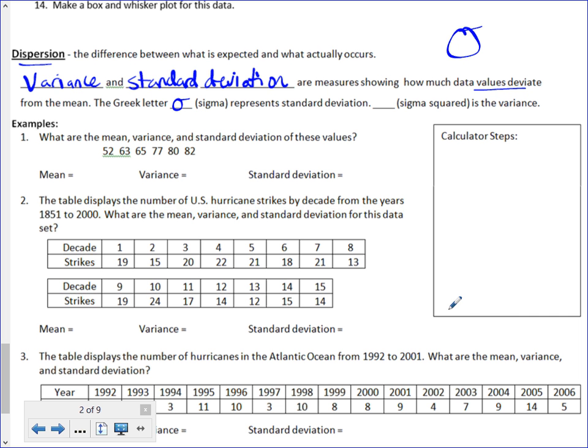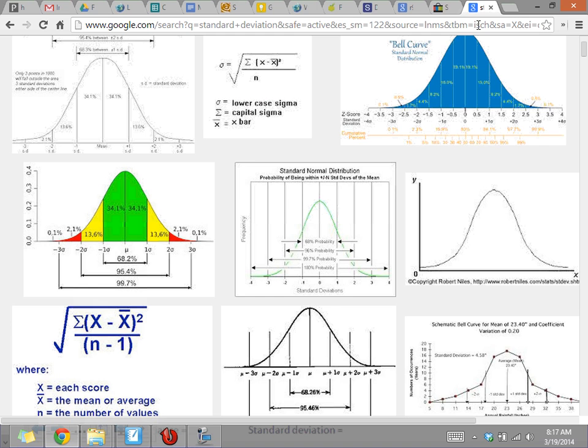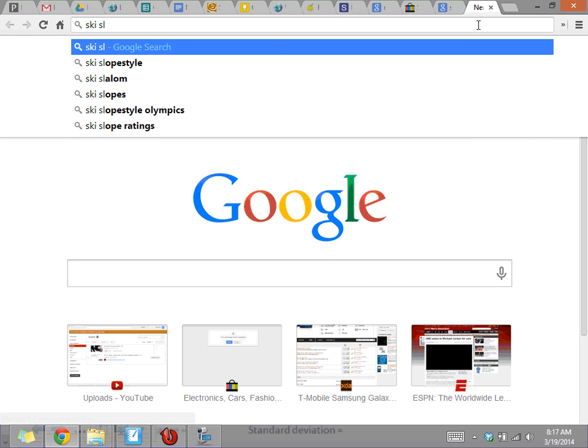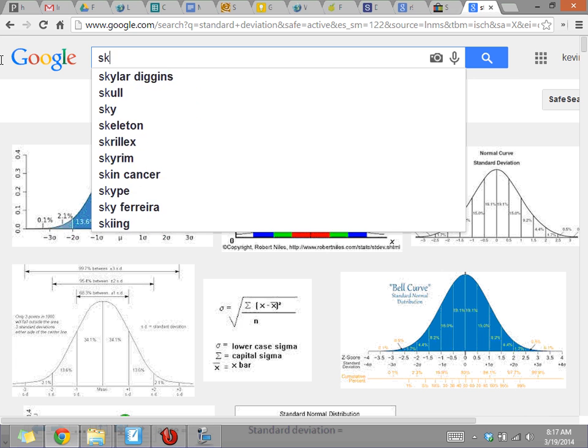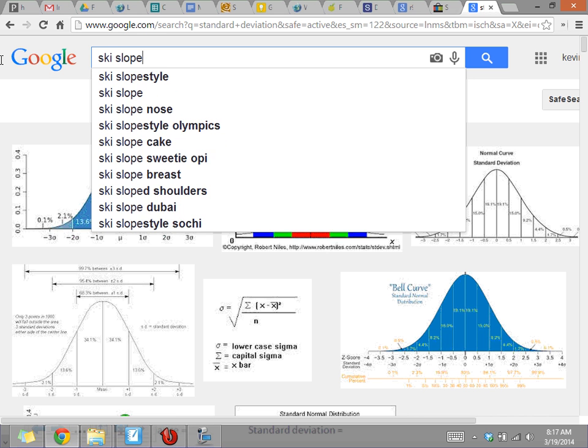Yep, it was on the Discovery test. I'm going to ask you about it tomorrow on the warm-up. It's got like a ski slope. Did you ever see a ski slope hairdo? Y'all never saw a ski slope? Oh wait, I already got a Google search up. In the 90s, this was popular.